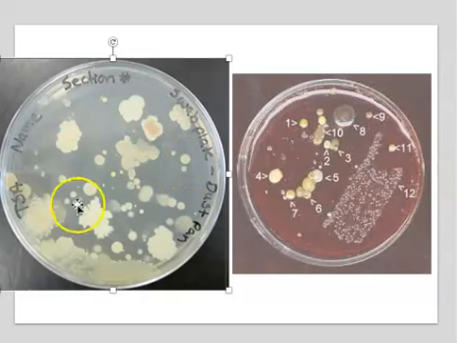Microbes vary terrifically in colony morphology. Over here, this person has labeled all of the different varieties of colonies growing on this plate. Look at the different sizes, the different shapes, the different colors. Remember, they sometimes have different elevations. They have all kinds of characteristics that make colonies unique.